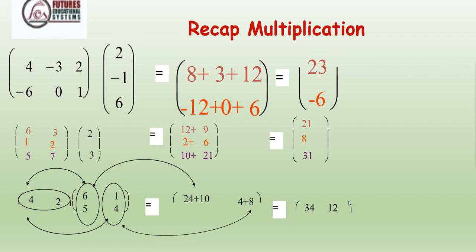It gives me a matrix of order 1 by 2, because the first matrix is of order 1 by 2 and the second matrix is of order 2 by 2. The result is a matrix of order 1 by 2 this way. That is the recap of multiplication.